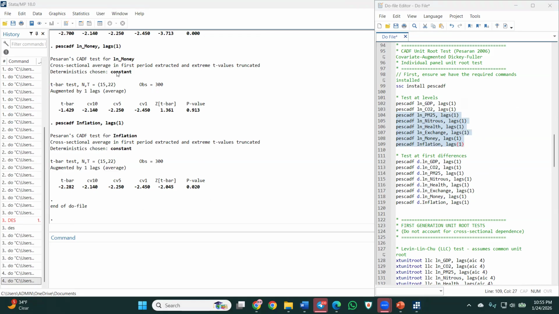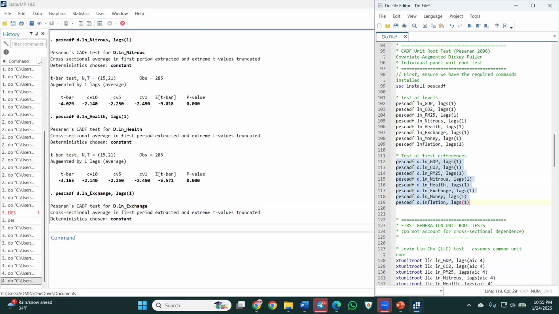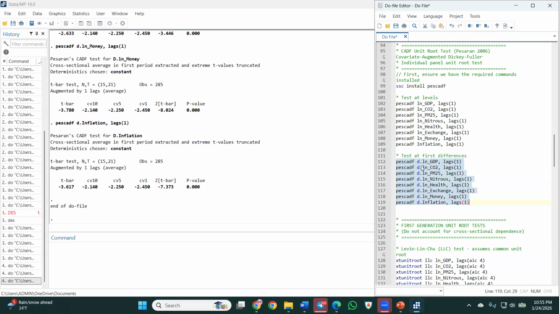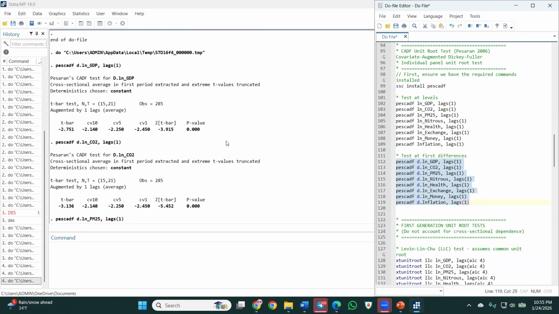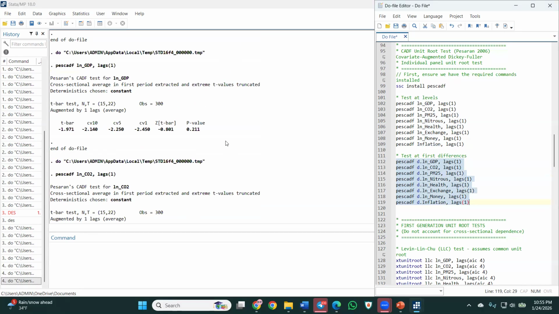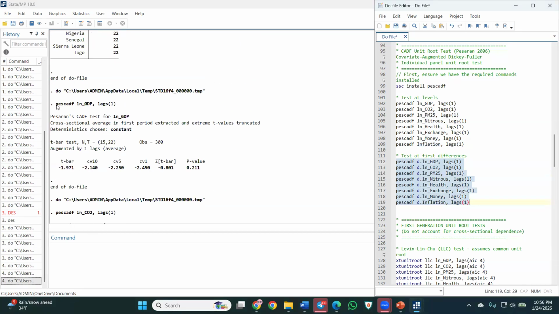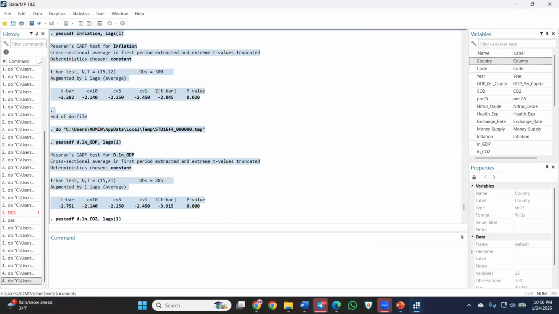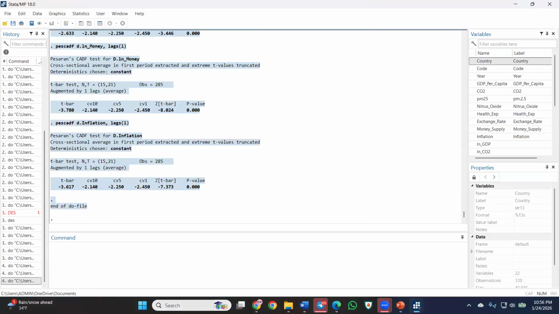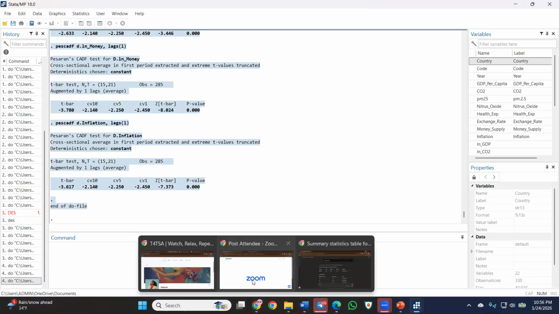So you can do the same. You have to run it at first difference, you just put the d dot before the variable. So let me make AI summarize the unit root results so that we can incorporate it into our work.